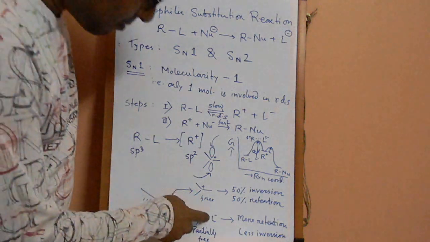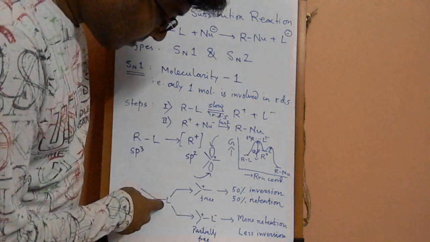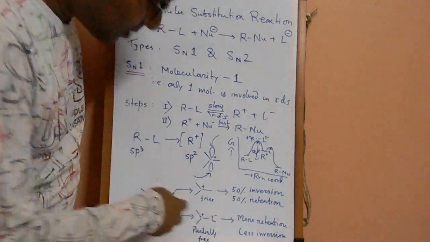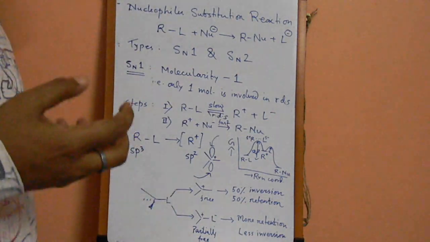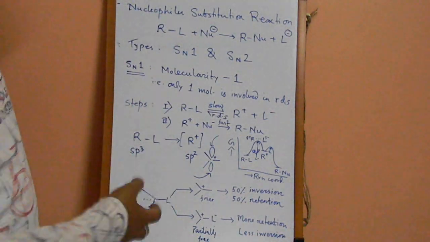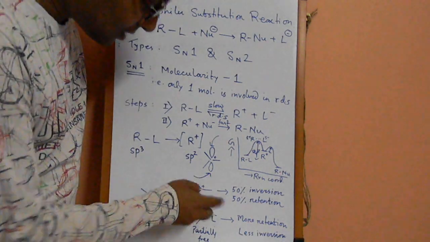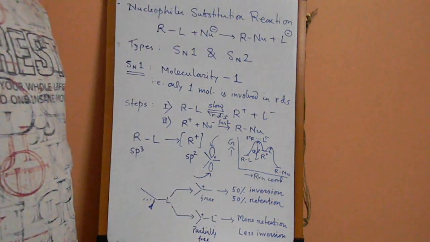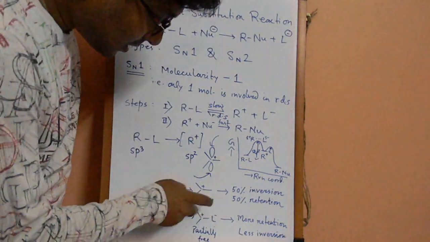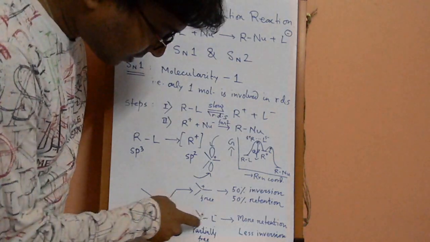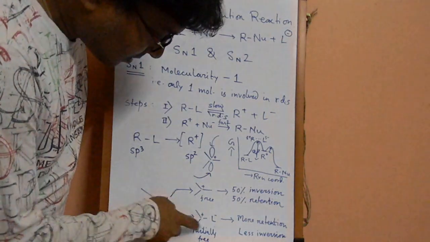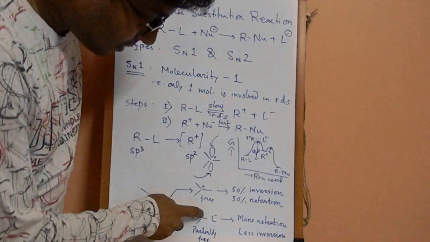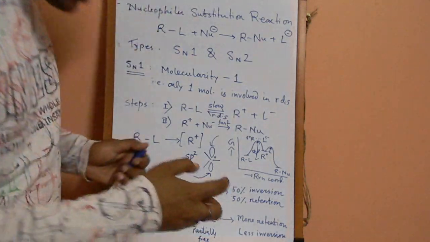Or, because of the attachment of L and it being a poor leaving group, L does not want to dissociate quickly. So even if this carbocation stays as a carbocation, it is very closely associated with an L minus.